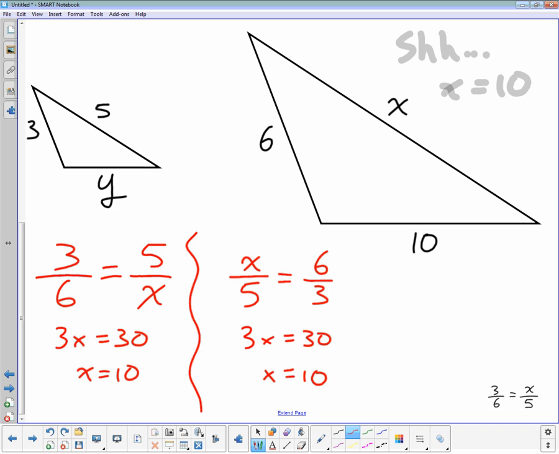Okay? In fact, I could have stayed within the same triangle even. I could have done 3/5. If I chose 3/5, what would I have to write on the other side? Well, you see how I chose 3/5, you see that pattern inside that triangle?